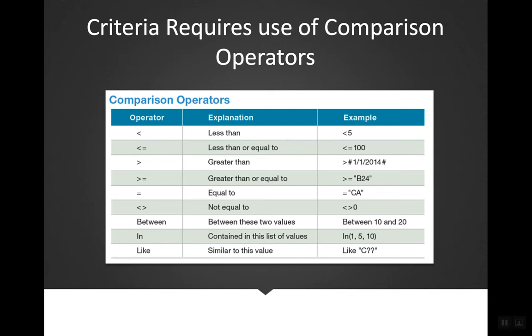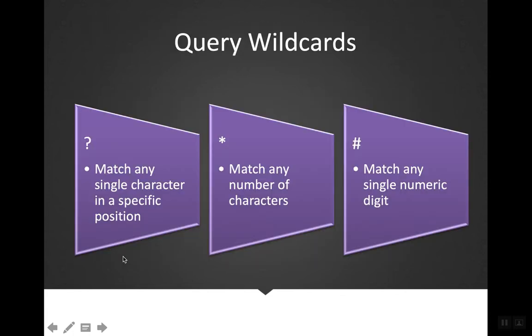If I did like C star, it would give us everything that begins with the letter C. If I do a star C, the opposite of that, I'll get everything that ends with the letter C. And finally, if I do a star C star, I will get everything that has a C contained somewhere in the string. So that's what like is. This is actually a very powerful tool to analyze data and work with data.